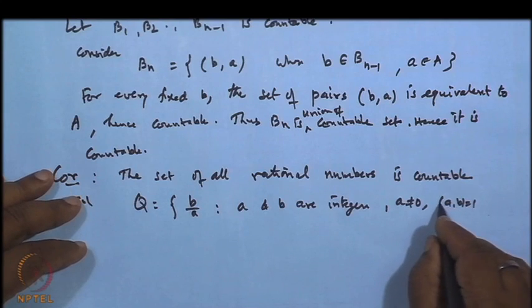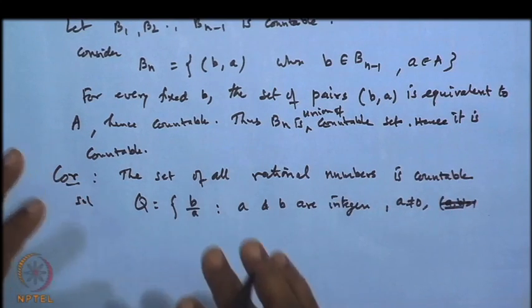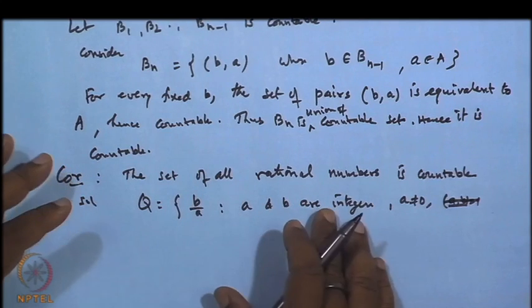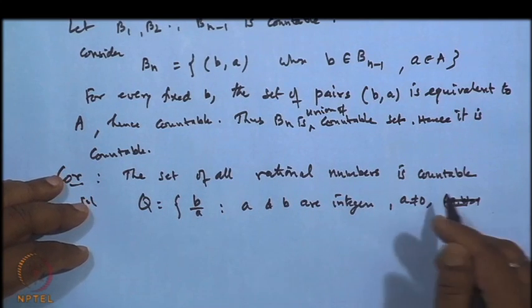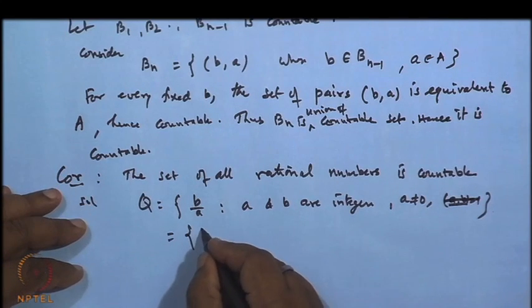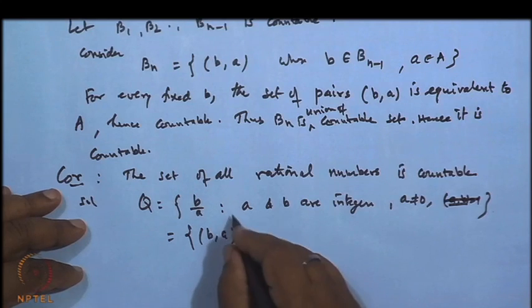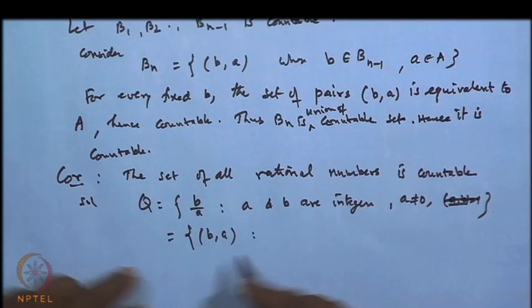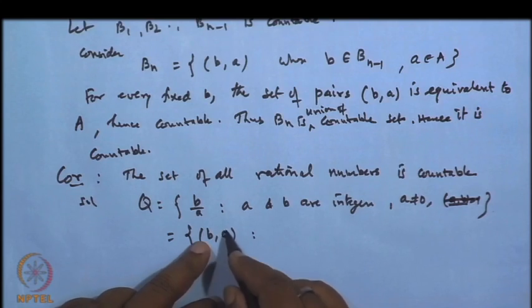Even if we do not insist on that, say 2 by 4, 1 by 2, we can take that also. So, this is all general in the form A by B. Now, this is basically an ordered pair, where A is an integer, B is also an integer, and both are countable sets.